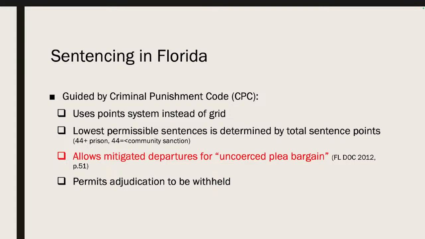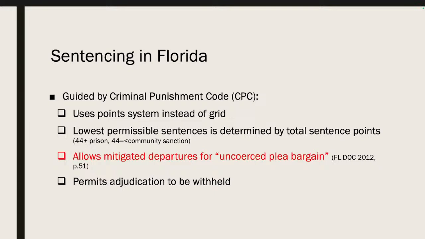If your total sentence points is more than 44 points, you're supposed to be sentenced to prison. And if it's less than or equal to 44 points, you're supposed to be given a community sanction. As I show you in a moment, the total sentence points also determines the length of a prison sentence if you have more than 44 points.